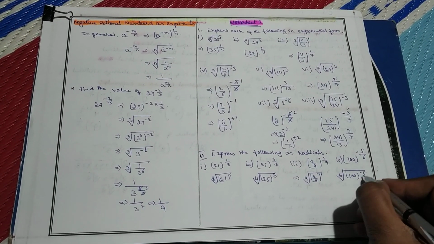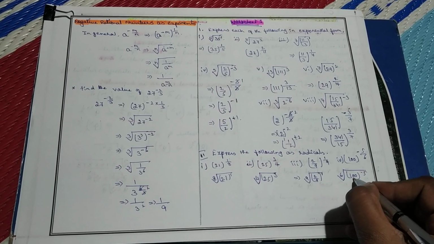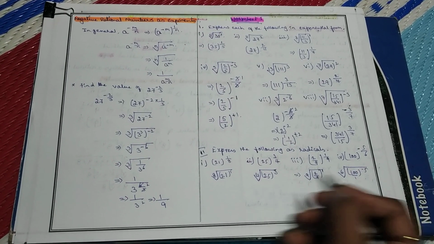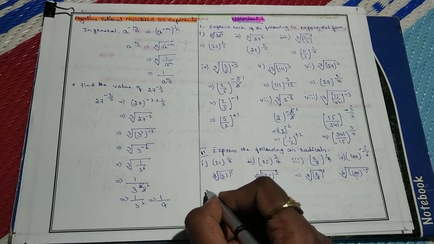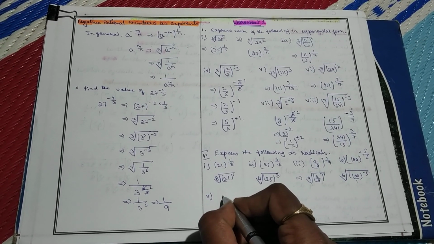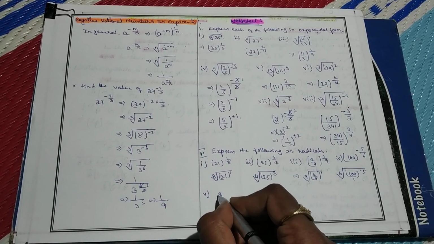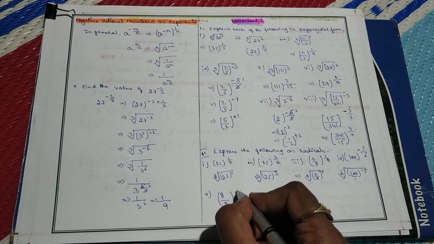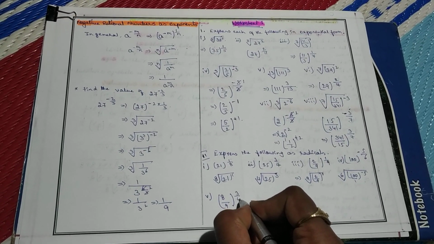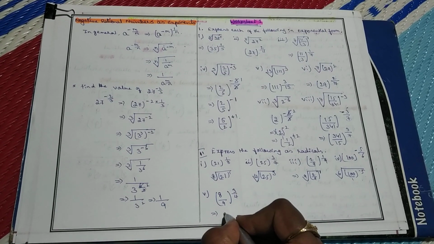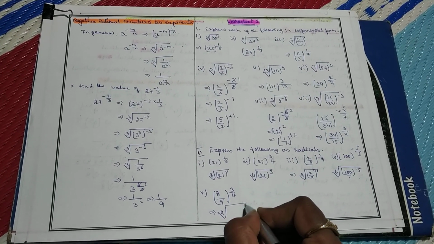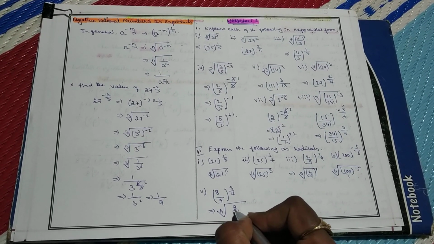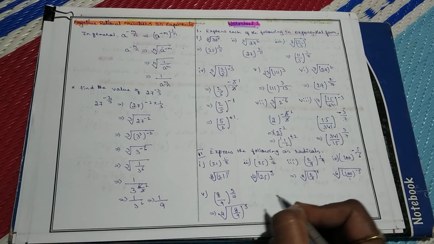If you want the power to be positive, you reciprocal the base, or else you can leave it also. Okay, I'll go with the fifth question, that is 8 by 9 whole to the power of 3 by 4. Then I can write 4th root of 8 by 9 whole to the power of 3.